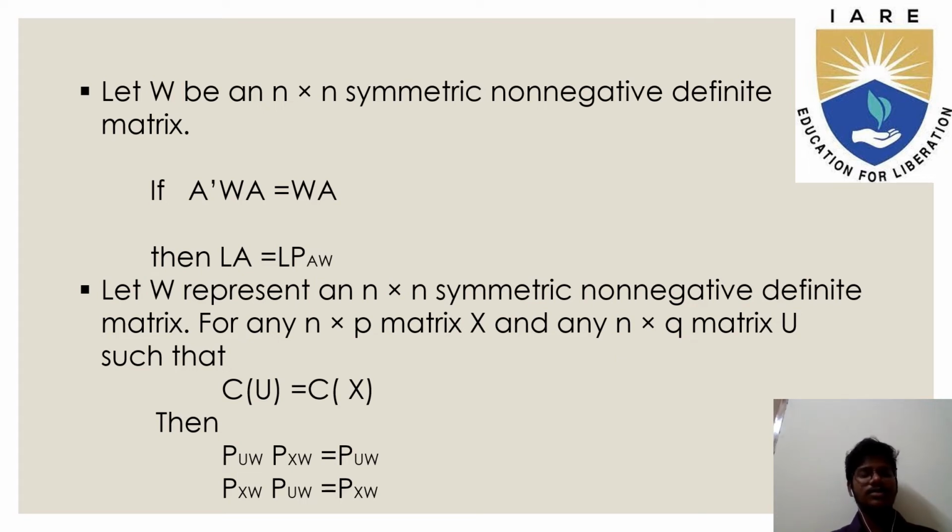And the next one is: when W represents an n cross n symmetric non-negative definite matrix, for any n cross p matrix, let's say X, and any n cross q matrix, let's say U, such that C of U equal to C of X, then PUW times PXW equal to PUW. These two conditions are satisfied when C of U equal to C of X.